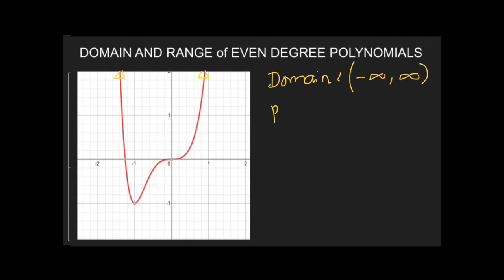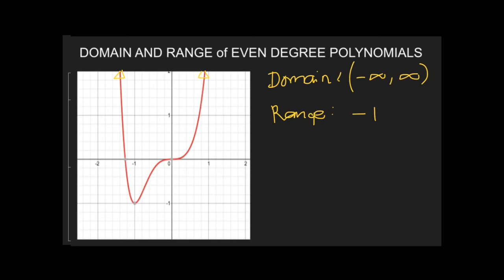This time, our range is from the bottom of the graph going up. And range is the collection of y values. Okay, in this example, our range from the bottom has a limit, and its limit is -1. And since -1 is part of the collection, we're going to make use of a bracket to enclose -1.